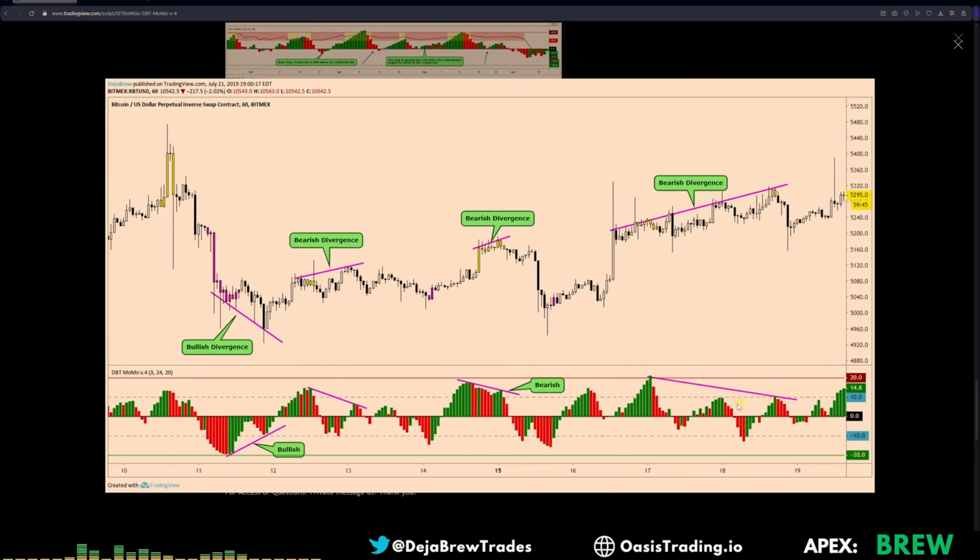Now, what I will say is the ones that look like this, the triple peaks, quadruple peaks, if they have a lot of price action in between the peaks, it is a dangerous divergence. It doesn't play out as often as the peak to peak ones. Okay, so be careful on those.